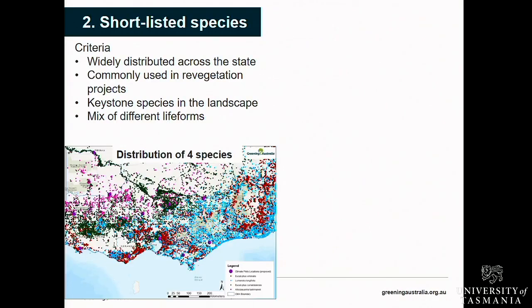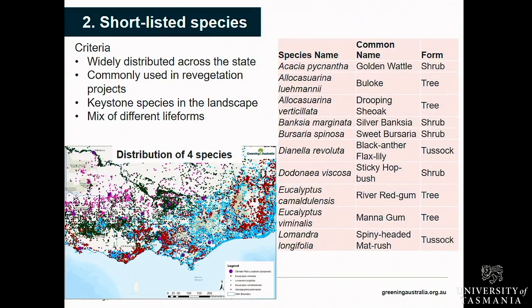Some species which are commonly found across Victoria are Eucalyptus viminalis, Eucalyptus camaldulensis, Lomandra longifolia and bull oak in this slide. These are roughly 10 of the most commonly used revegetation species across Victoria. There are other species which aren't in there, such as Poa labillardierei, but generally speaking, these species are used very often in revegetation projects.